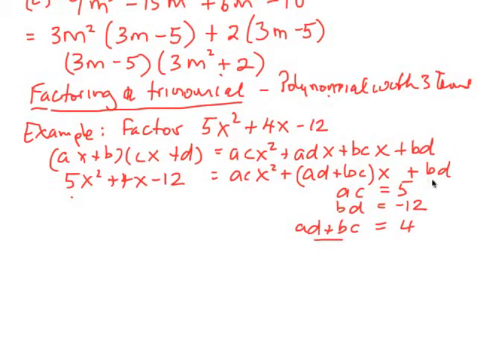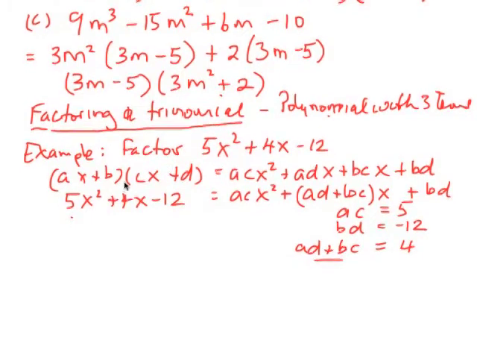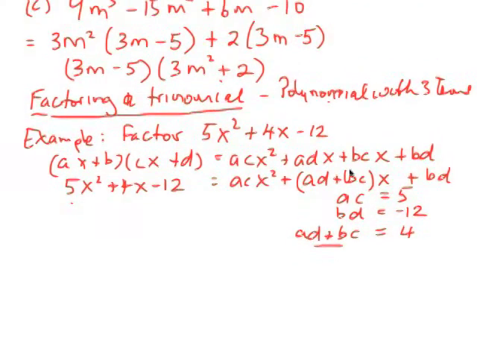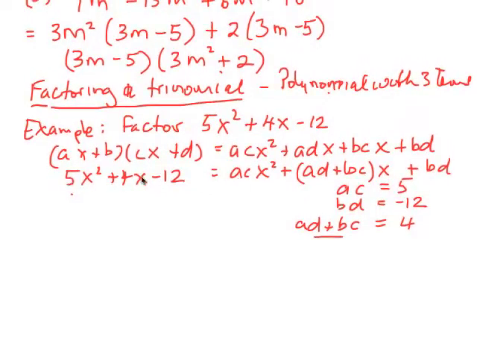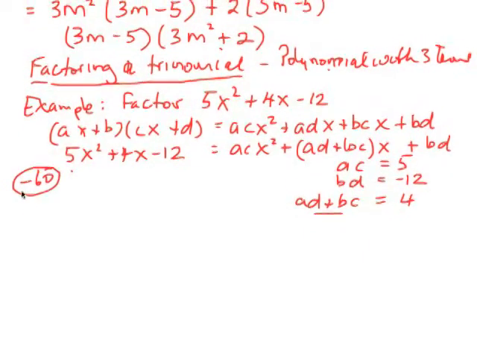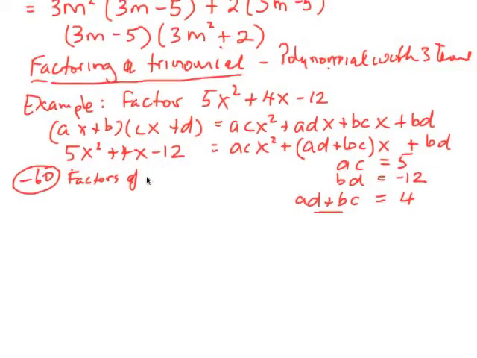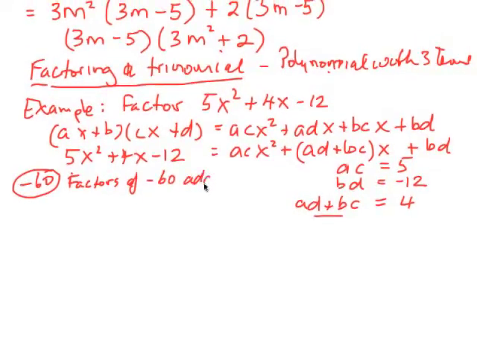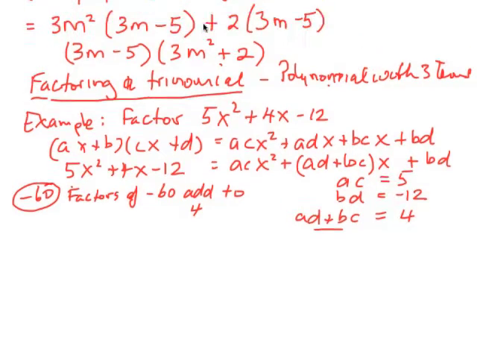Now what are the possibilities for this? Well, the way I think about doing this is to multiply the 5 and the negative 12 to give me negative 60. So what this is really boiling down to is I want the factors of negative 60 which are going to add up to 4.